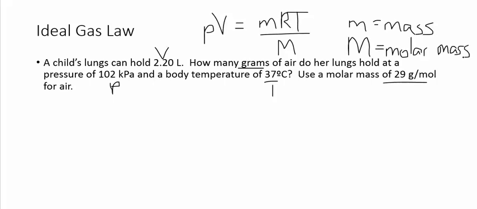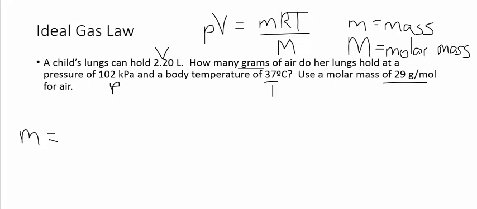This is the ideal gas law, but anytime you're given mass in grams and molar mass, this is the one that I would prefer to use. So I want to solve for mass. I want to solve for grams of air. So I like to rearrange this equation up here first to solve for m, the small m.